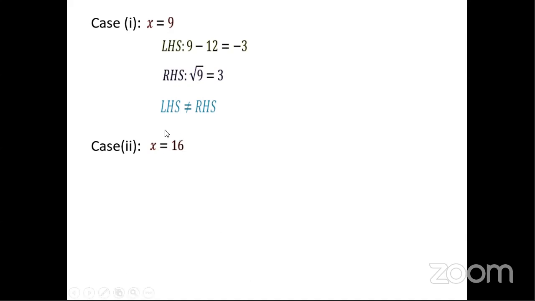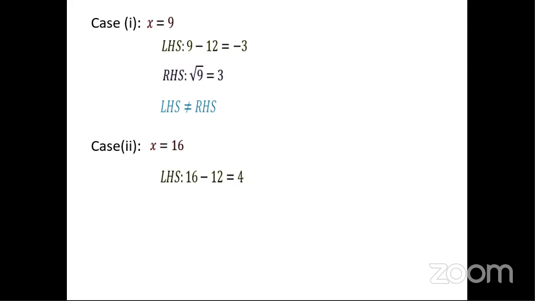Then we will take case 2. Our case 2 is x is equal to 16, right? So when x is equal to 16, take your equation x minus 12 is equal to root x.